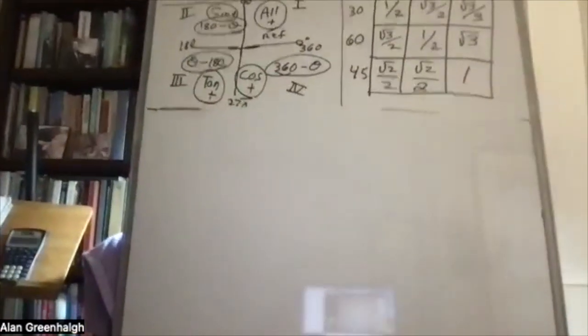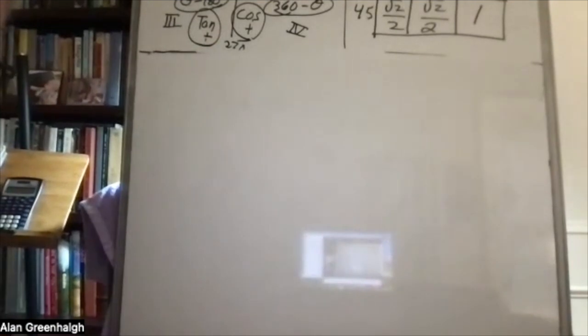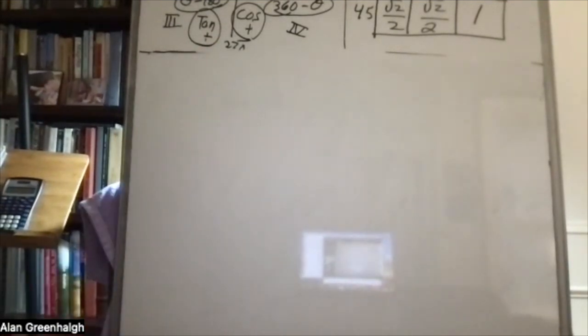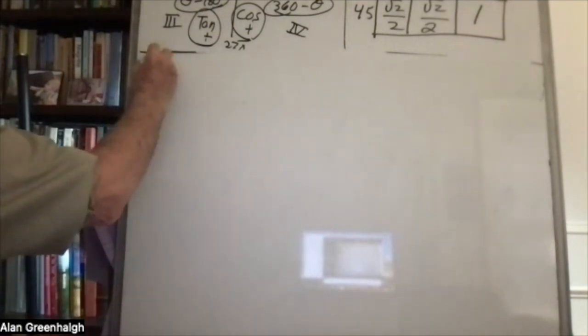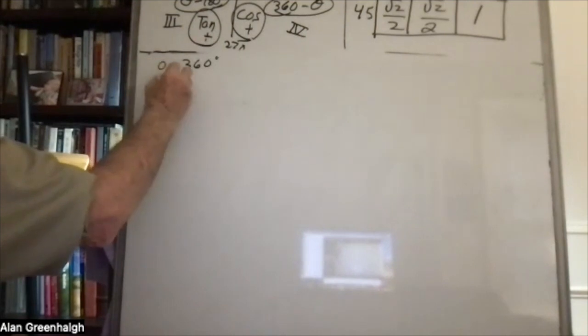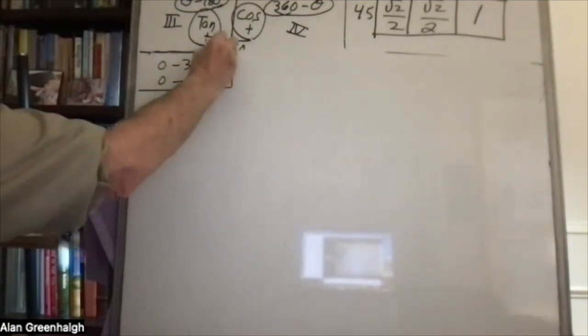A question would be, if the topic was indeed finding the trig function of any angle, have we covered everything? We could do angles between 0 and 360. We could do angles between 0 and infinity. What haven't we done yet?